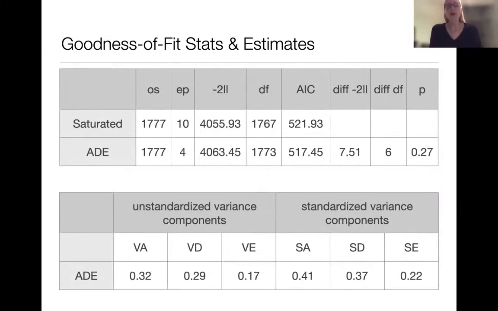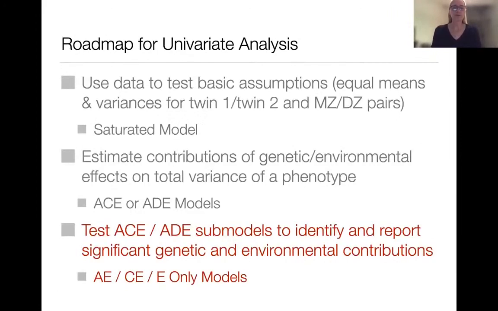Do we need all 3 sources of variance to account appropriately for the observed patterns of covariance in the data? And so to do that, we would go a step further and test some submodels that allow us to identify and report the significant genetic and environmental contributions.